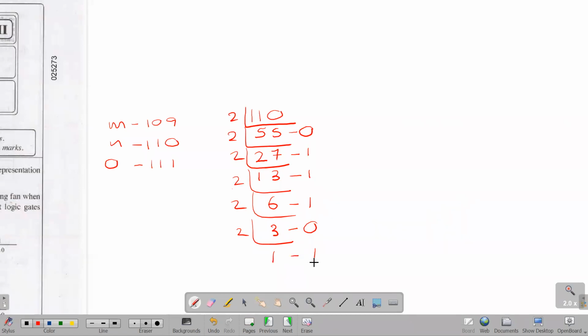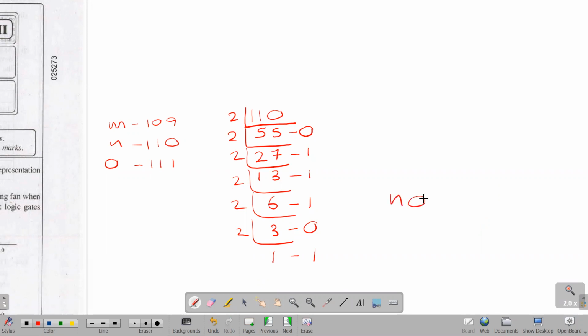Yeah, let me recheck this. It's 55, no remainder, 27, 1 remaining, 13, 6, 3, yes. So 110 gives you this.